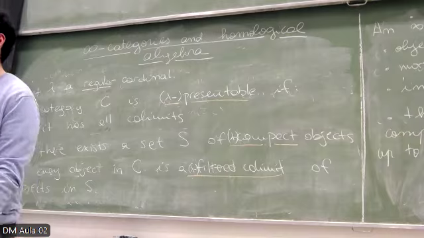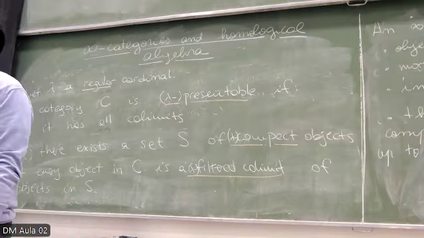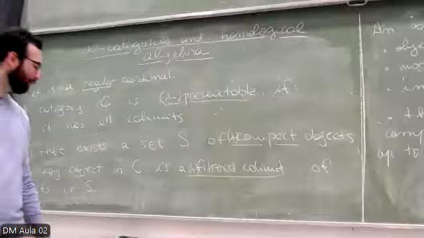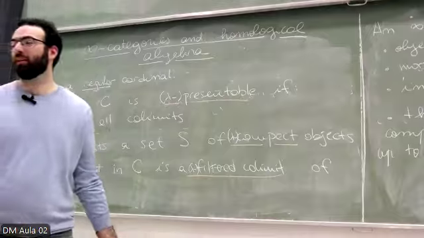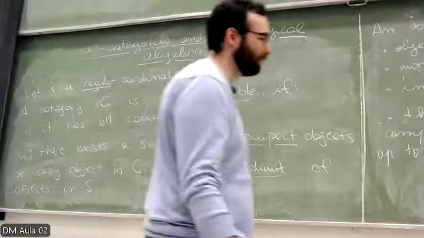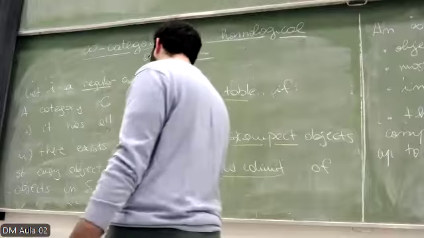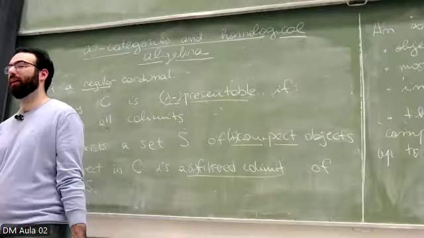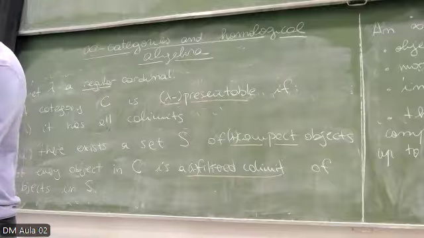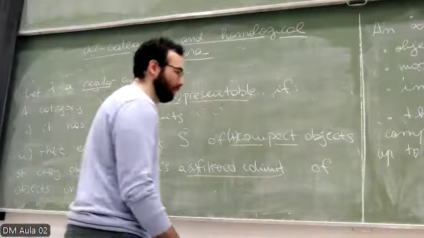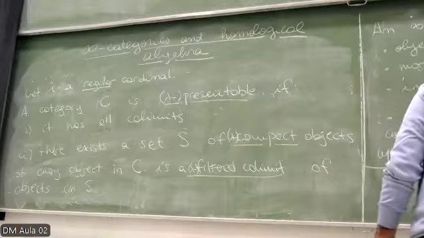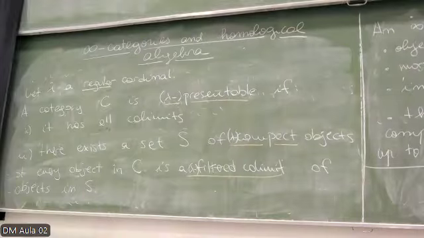Any other questions? Okay, so Willie here asks, what's a lambda filtered co-limit? That means it's a co-limit indexed in a lambda filtered category, and that's that each time you have a diagram, let's say D is lambda filtered, if each time you have a diagram with fewer than lambda objects, then it admits a cone.